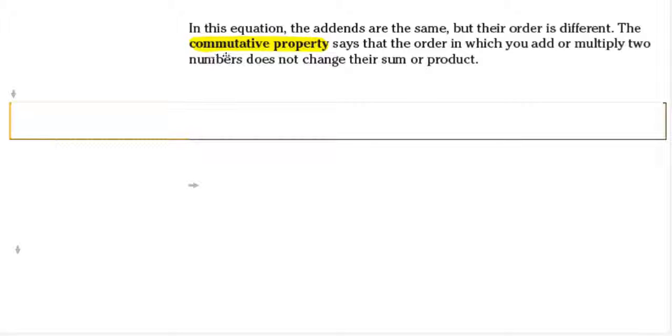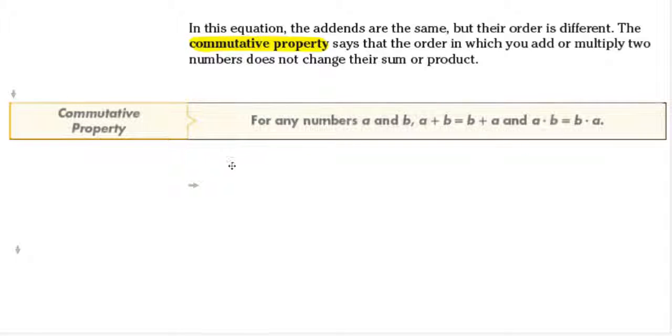So the commutative property says that the order in which you add or multiply two numbers does not change their sum or their product. A plus B is the same as B plus A, and A times B is equal to B times A. This is the commutative property for both addition and multiplication.